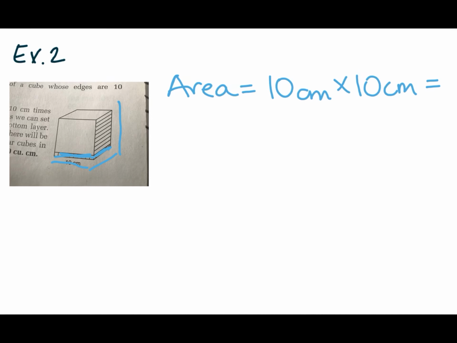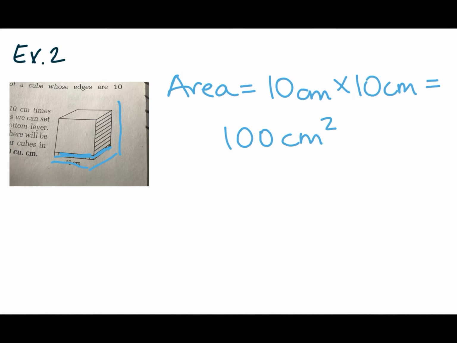Okay, let's look at example 2. It says, what is the volume of a cube whose edges are 10 centimeters long? So we have 10 by 10 by 10, right? Well, if we find the area of the base, just taking this base part right here and finding the area of that one face, we get 10 centimeters times 10 centimeters, which gives us 100 centimeters squared.